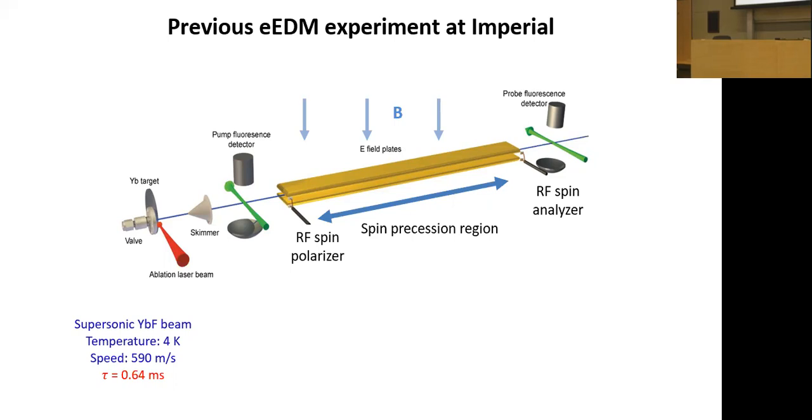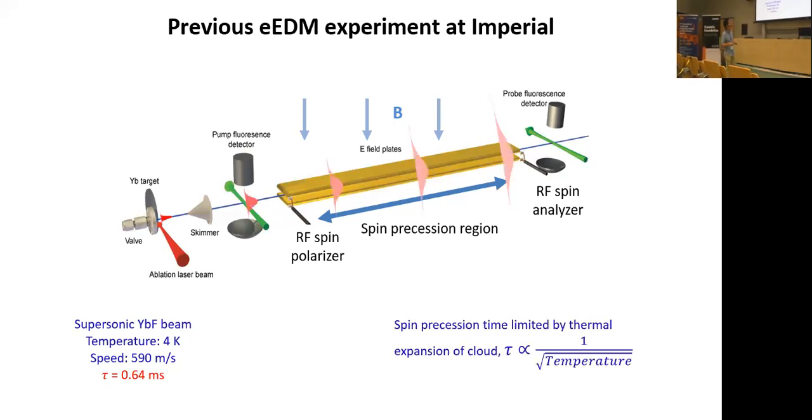The beam is quite fast, so the spin precession time was limited to less than 1 millisecond in this experiment. Of course, we want to make this spin precession time very long, but the problem is the molecular beam is divergent. So we can't make this region infinitely long, because there would be no molecules left at the end.